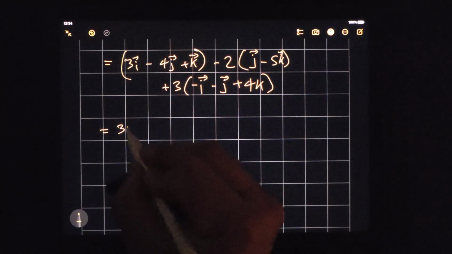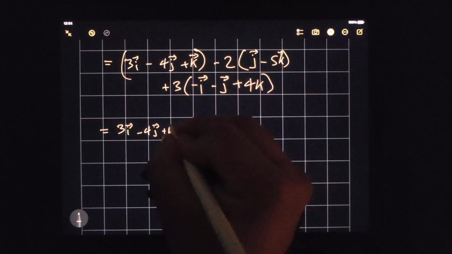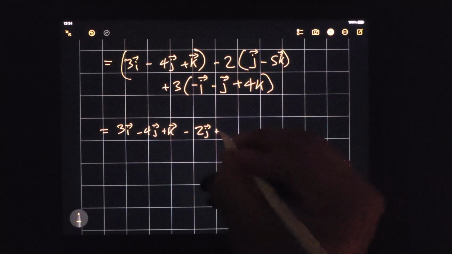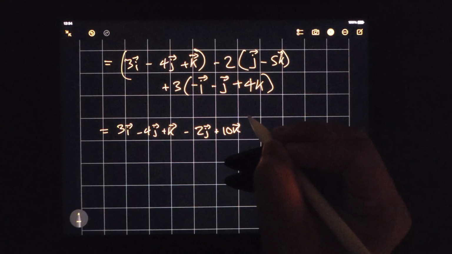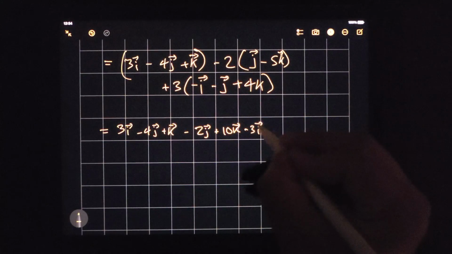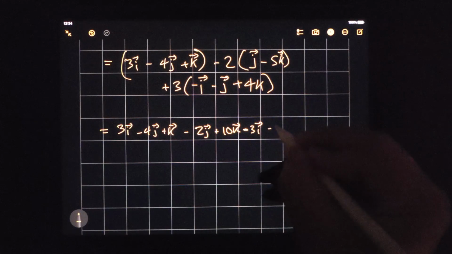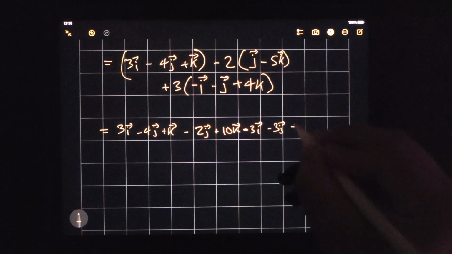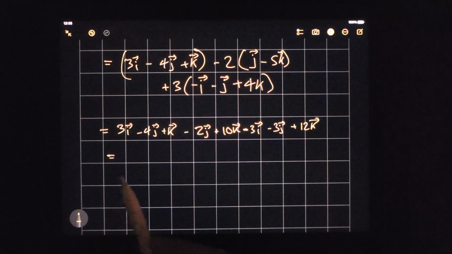So we have 3i minus 4j plus k minus 2j plus 10k. And what else? Negative 3i minus 3j plus 12k.